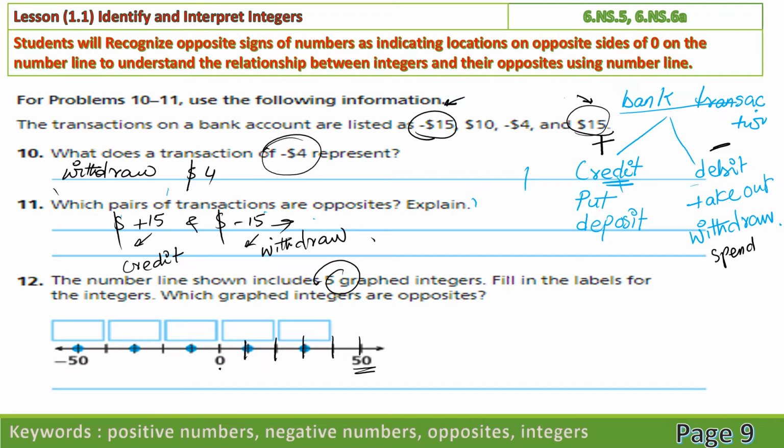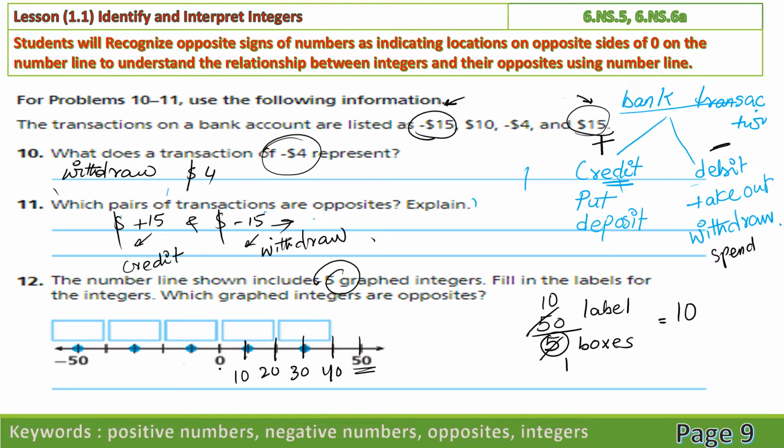So what is 50 divided by 5? With 5 boxes and the label 50, what is one box equal to? One box is 5 times 1, 5 times 10. So they are actually the multiples of 10.